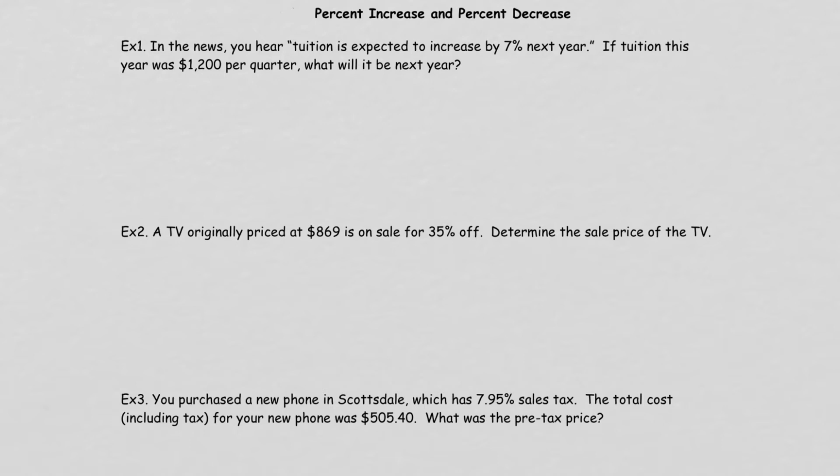So when we do 7% of 1,200, this gives you 1,200 times 0.07. So that's $84.